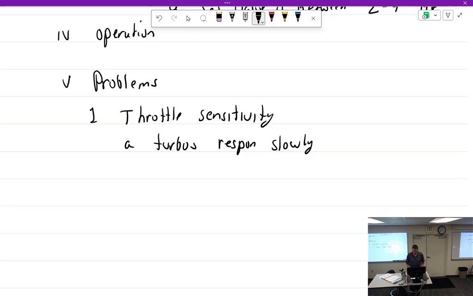Let me see, throttle sensitivity. Bootstrapping. If the differential controller was not operating, any increase in throttle would cause an increase in turbo speed.